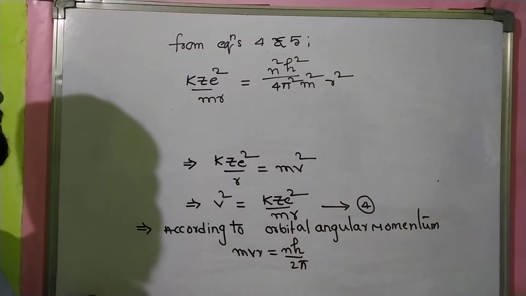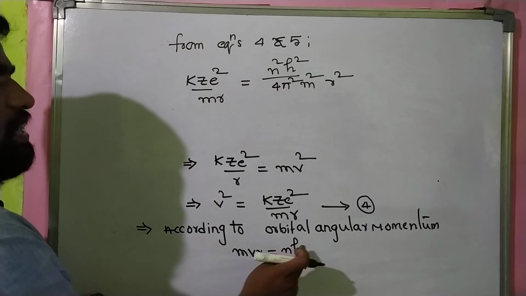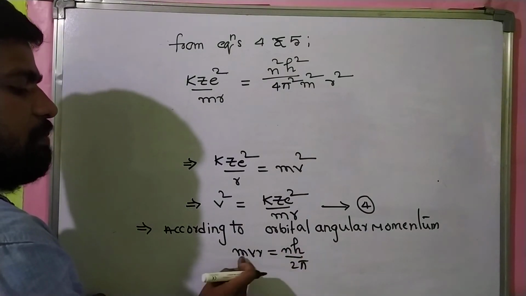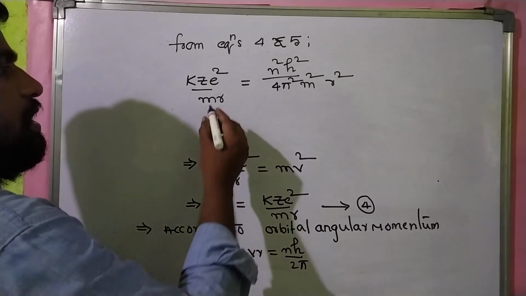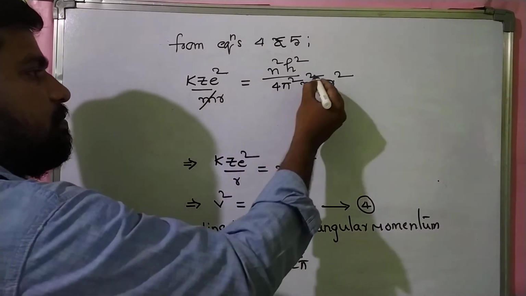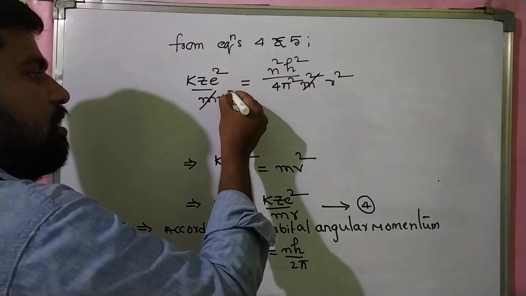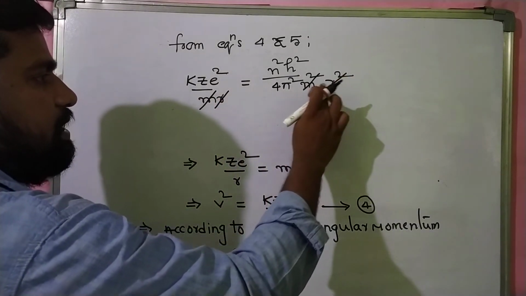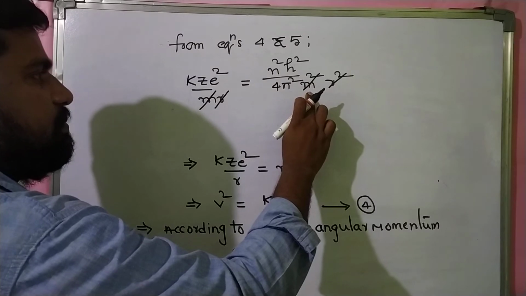Very, very important. Now m cancels and here r also cancels. Here r remains on one side, and one m remains on the other.